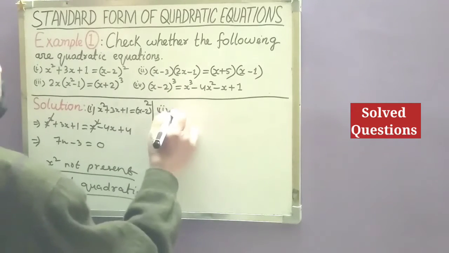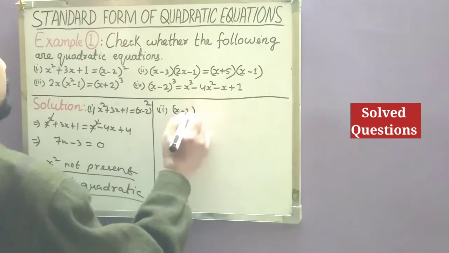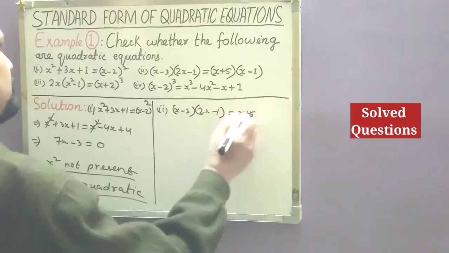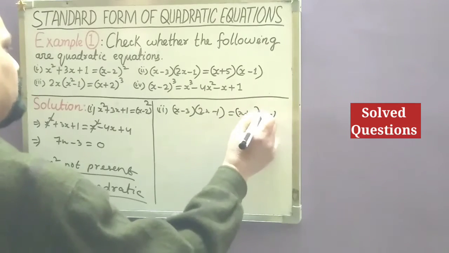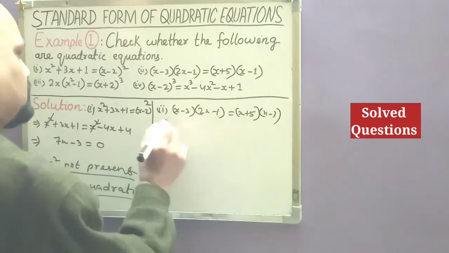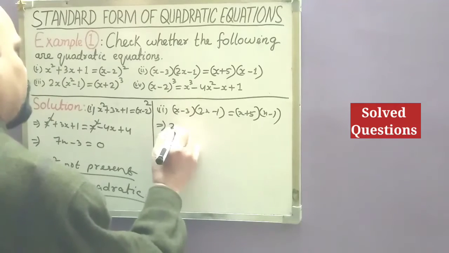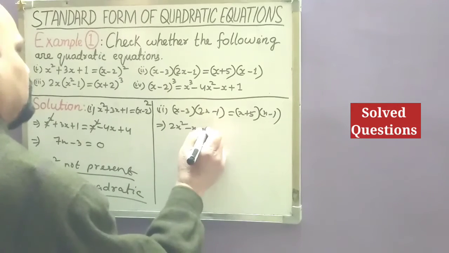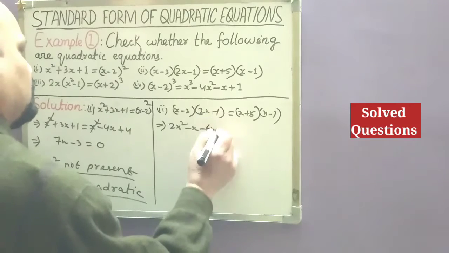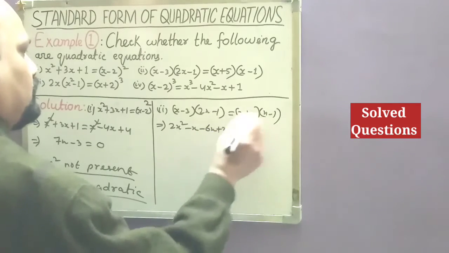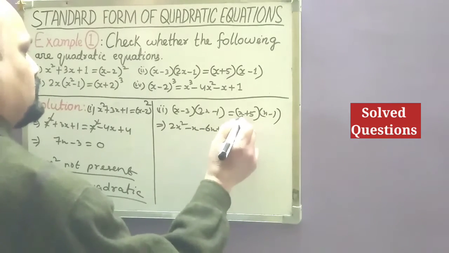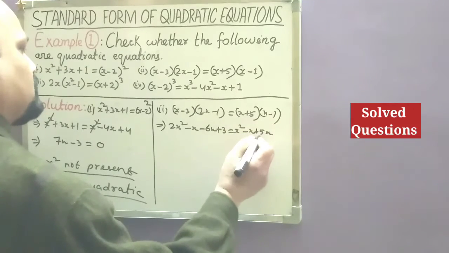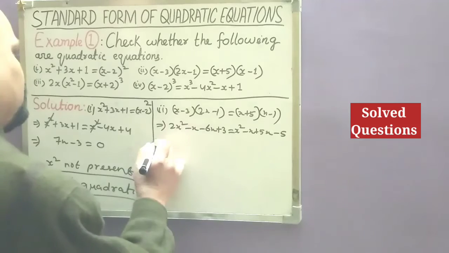Second part, (x − 3)(2x − 1) = (x + 5)(x − 1). That implies that 2x² − x − 6x + 3 = x² − x + 5x − 5.